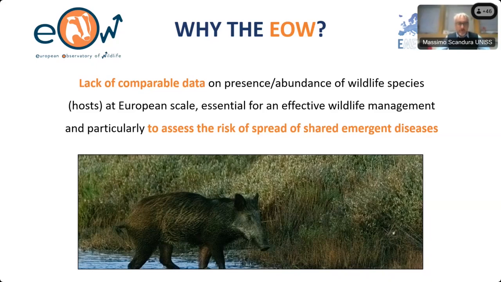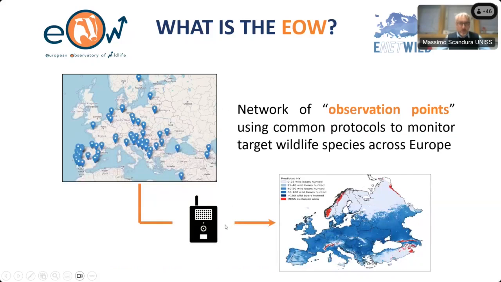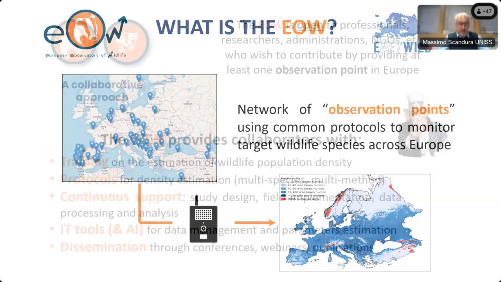And this is a weak point of the collection of data so far. So we try to establish observation sites in different countries that are going to use the same protocols to collect data on target species of wildlife that are of interest for sanitary aspects. So at the moment, we are focused on wild mammals, and specifically wild ungulates and carnivores.